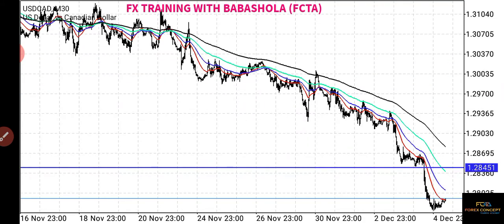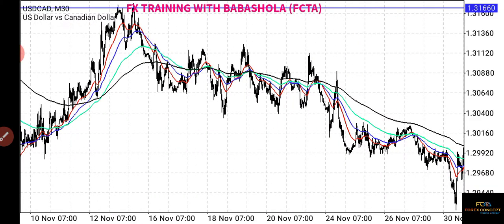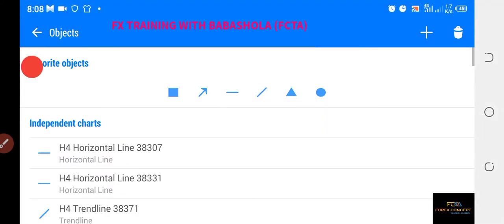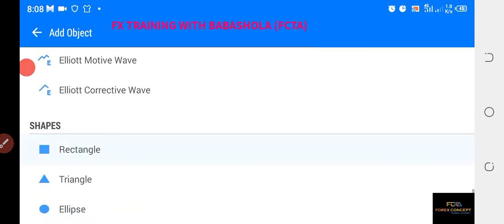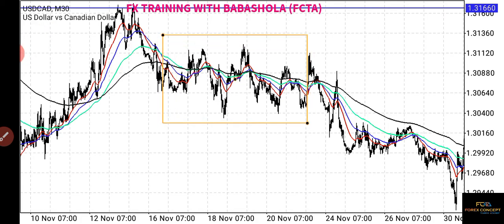Okay, let's check the H4. You can see during this period that the moving averages were contracting together. They were not moving in a particular direction. They were just contracting. This point is a ranging market, not a trending market.